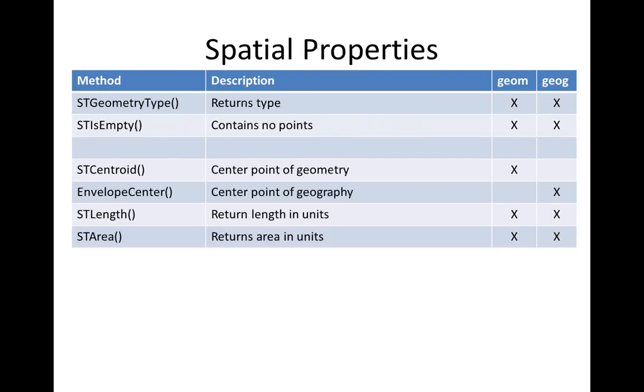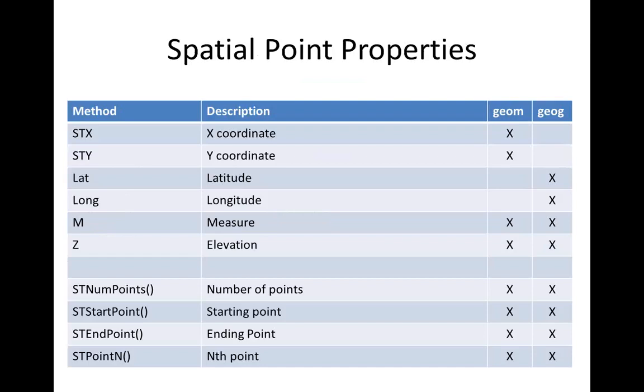So the spatial objects have properties. So you have what type is it? Is the geometry empty? What's the centroid, envelope center, the length, the area, so on and so forth. Spatial point properties. So points have specific properties like the lat and longitude. And then two kind of overlooked things that I think people don't use much in points are the m and the z value.